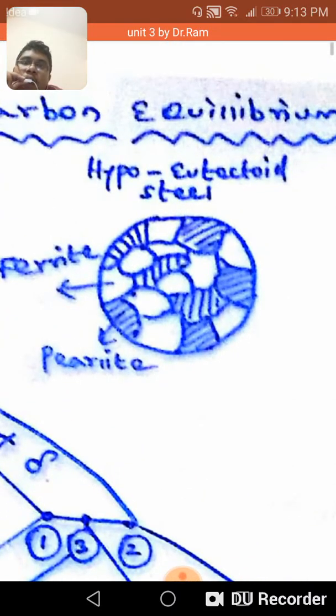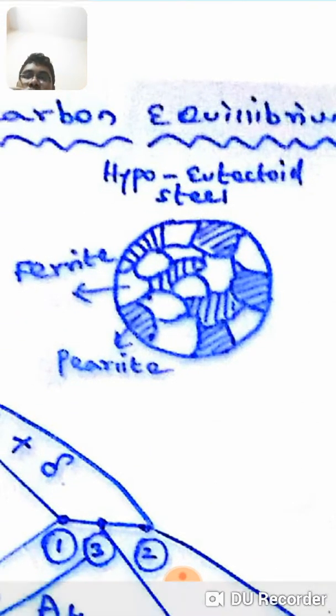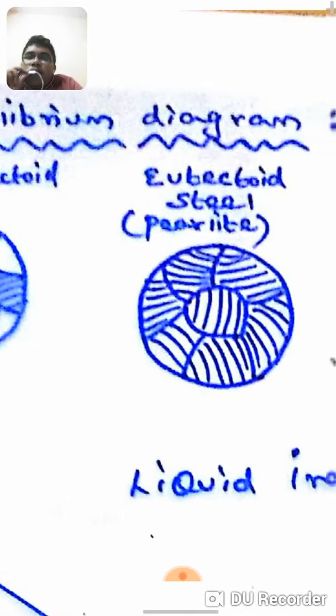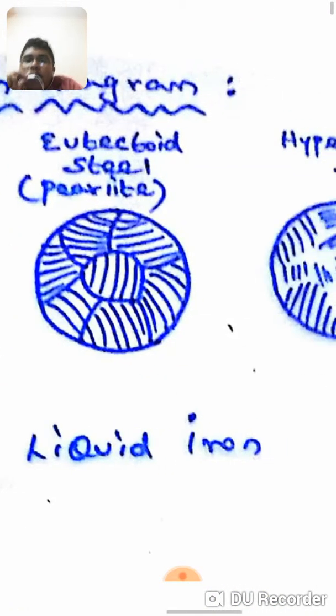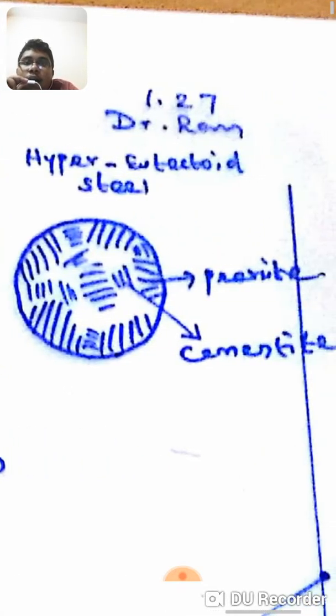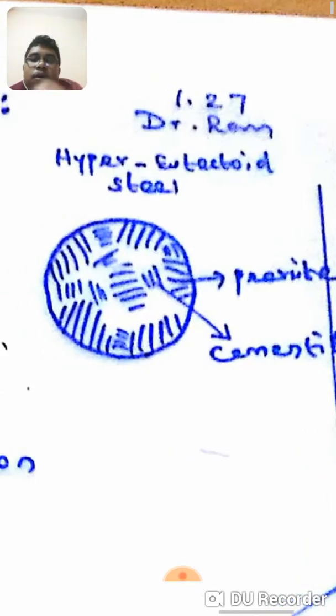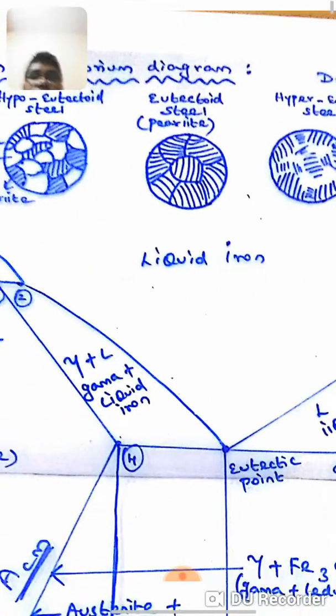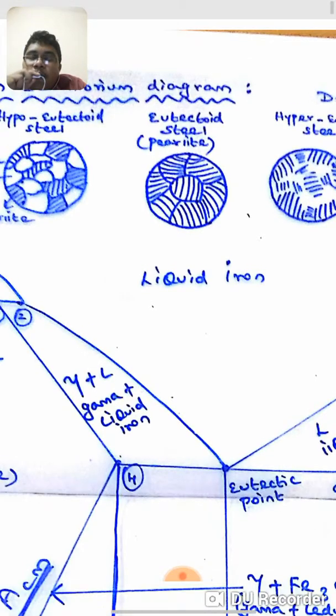In hypoeutectoid steel the microstructure appears like this, in the form of ferrite and pearlite. In eutectoid steel it is total pearlite. And in hypereutectoid we observe cementite and pearlite. These are the different phases and microstructures of the iron carbon diagram.